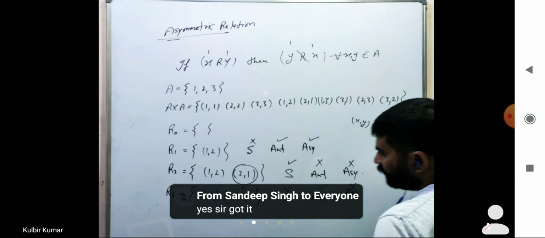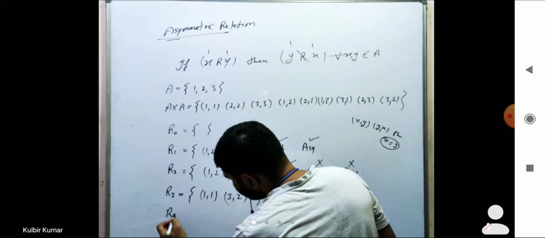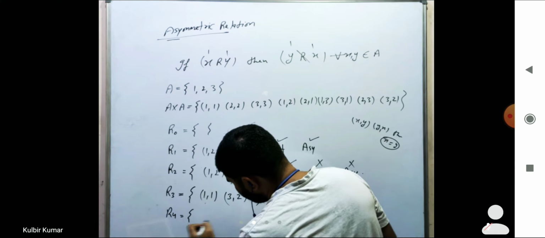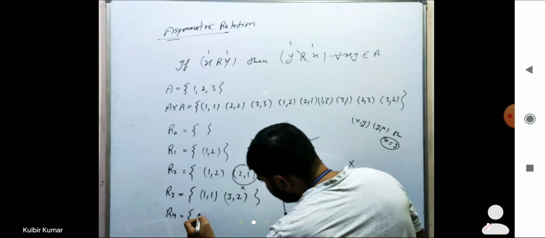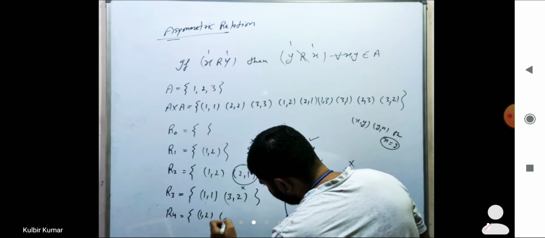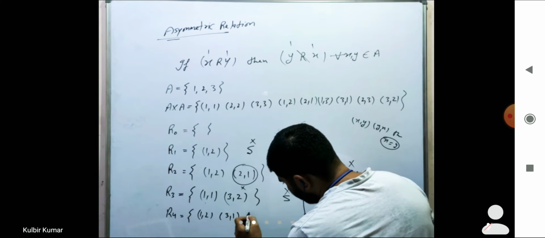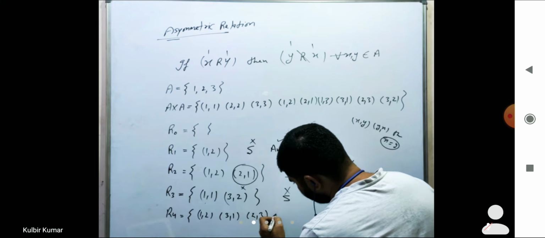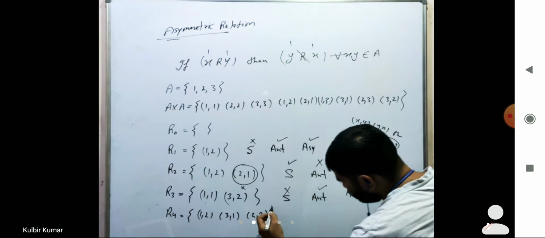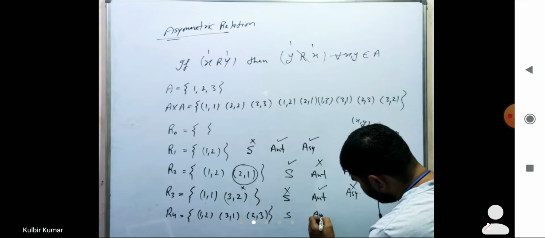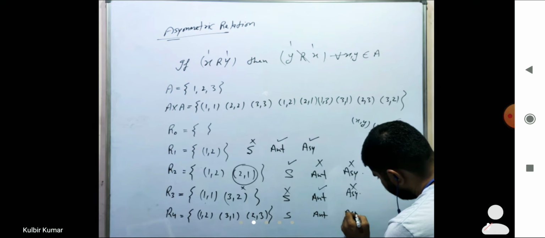Okay, let's see the last example. If it is R4, R4 means it is 1, 2, 3, 1, 2, 3. Yes, what about this one? It is symmetric, antisymmetric, asymmetric.